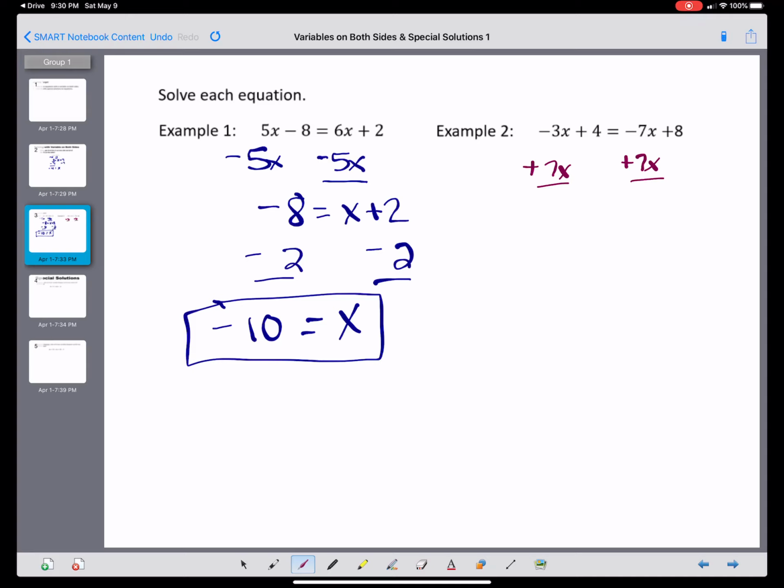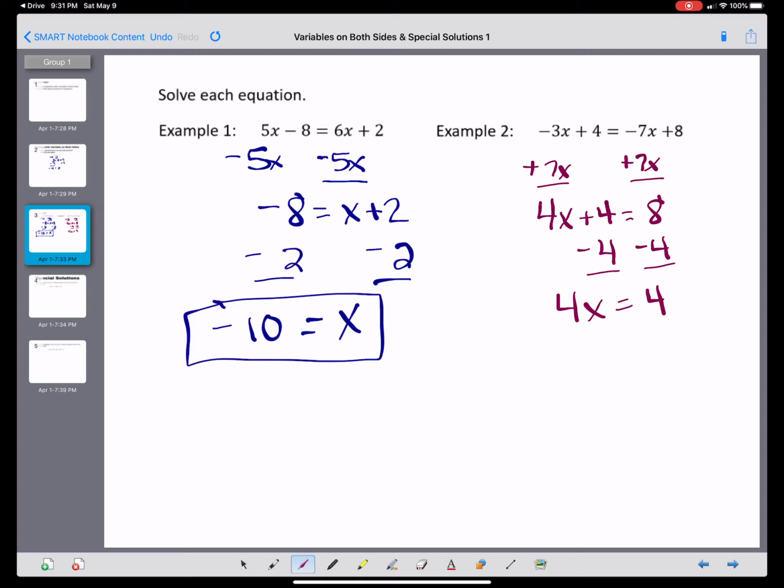Okay, so the 7's go away, and I have negative 3 plus 7, which is 4x plus 4 is equal to 8. We now moved our variables to the left-hand side of the equal sign. We need to move our numbers to the right side of the equal sign. So I need to subtract 4 to both sides and bring down that 4x is equal to 8 minus 4 is 4.